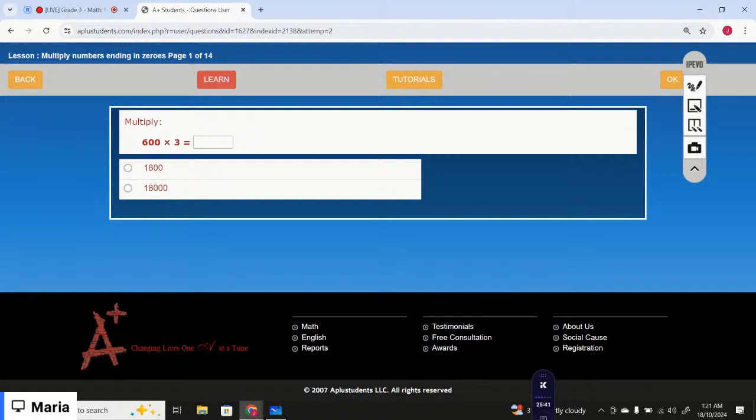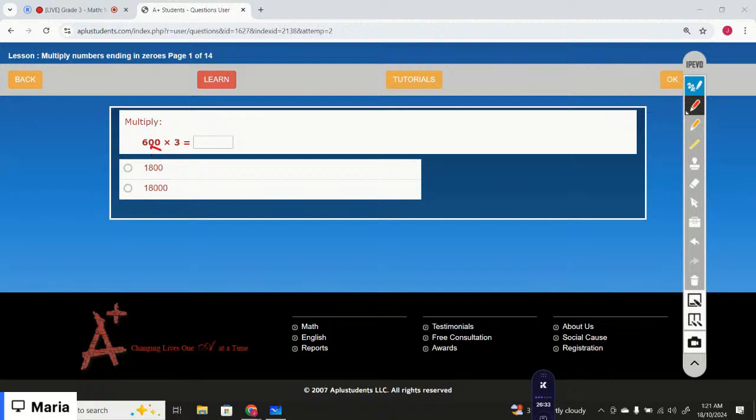600 times 3, which is the correct option? 3 times 6 is 18.